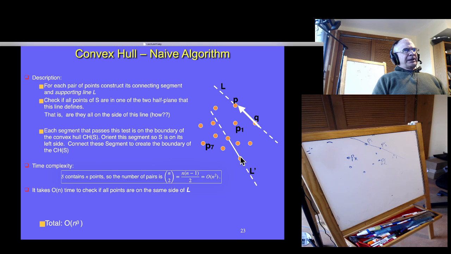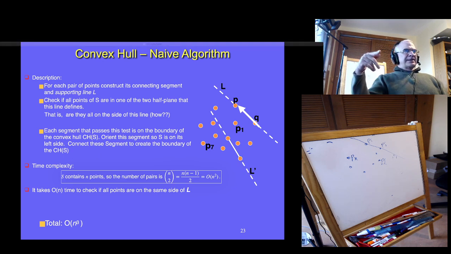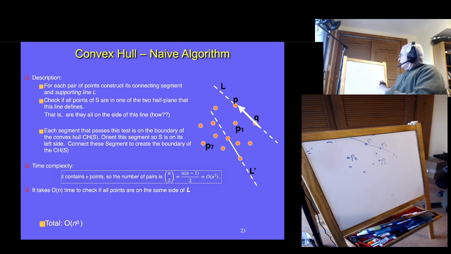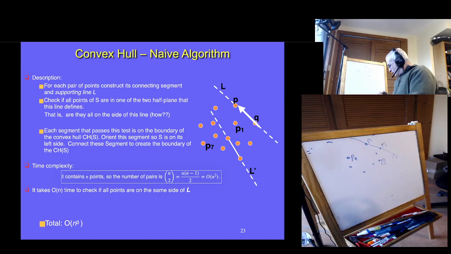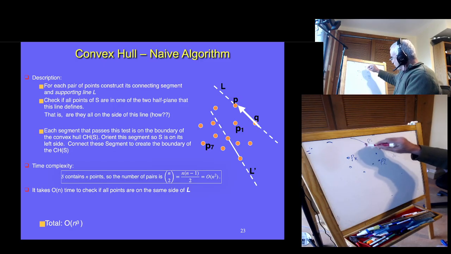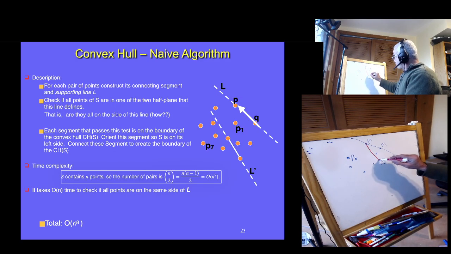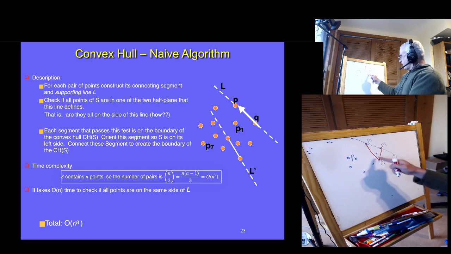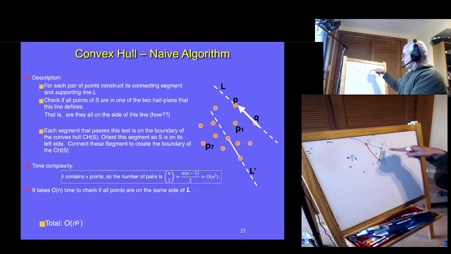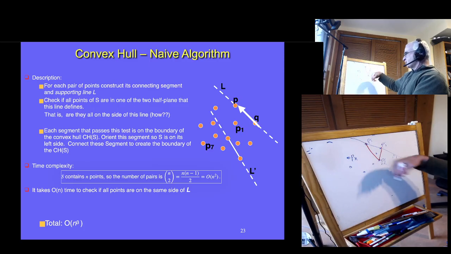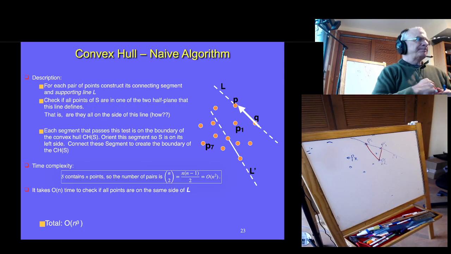I remind everybody, we check the sideness. We want to ask, if I'm going from Pi to PL back to PJ, did I make a left turn? And the answer should be yes for all the points, or the answer should be no for all the points.